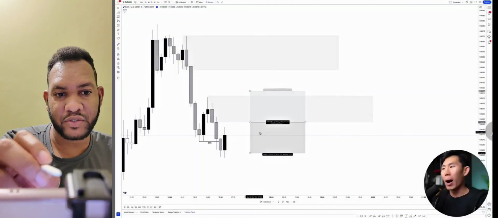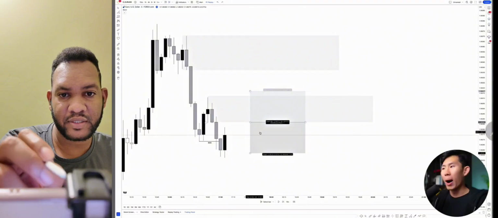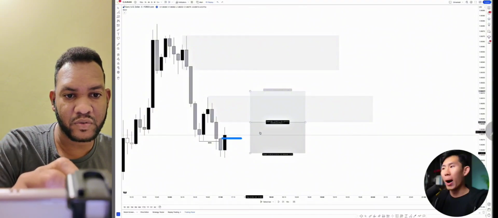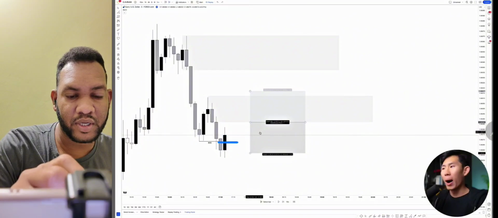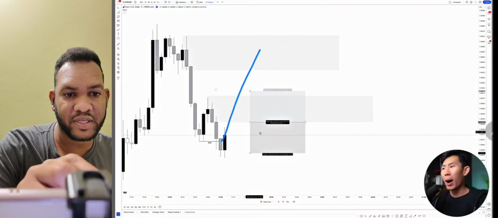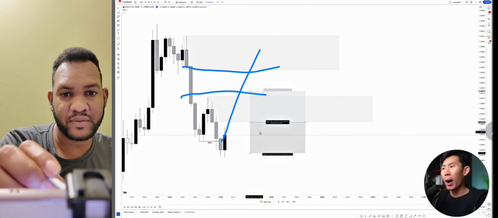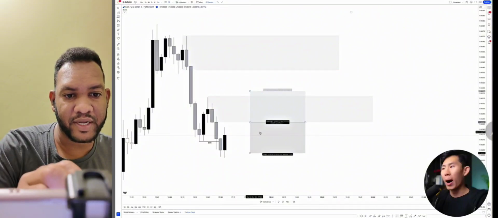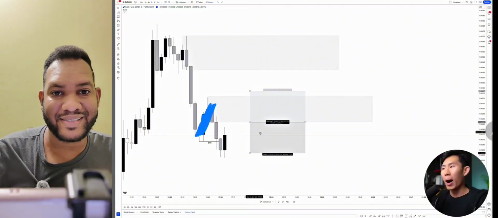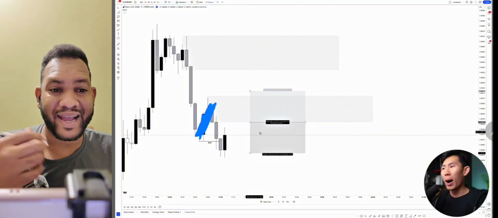One more thing I forgot. If price goes here because of the fair value gap, that means this area here does not exist and has no sort of value on a higher time frame.